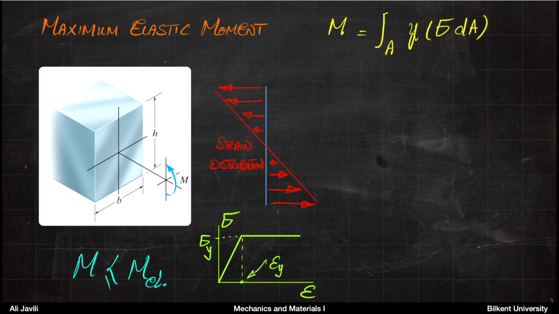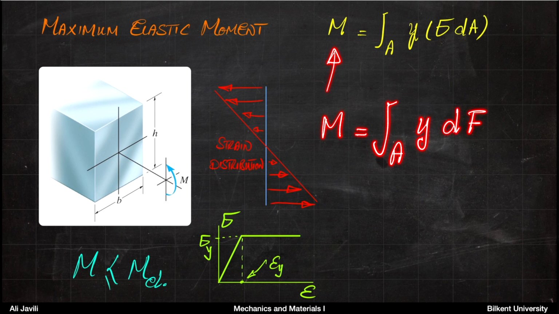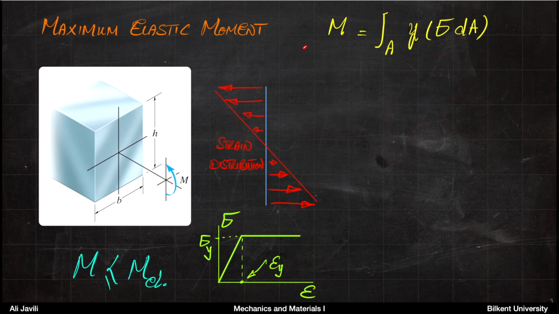So in order to do that, we begin with our moment formula. So you remember that we calculate the moment by integrating distance times force over the area, and incremental force is stress times incremental area. So this formula itself is generic. It doesn't know anything about stress yet.